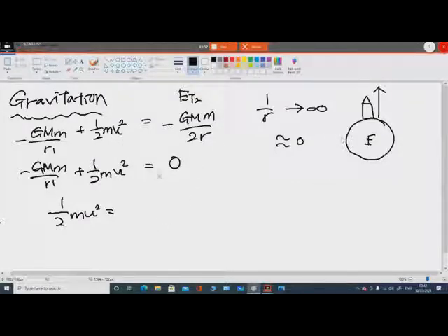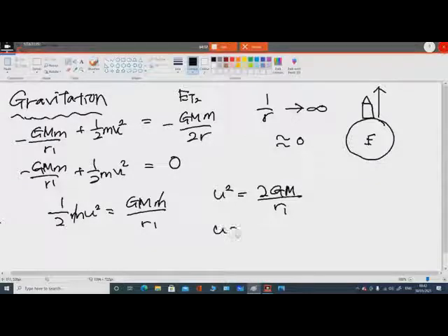So this equals GMm over R1, and m cancels out, giving u squared equals 2GM over R1. So u is the square root of 2GM over R1.